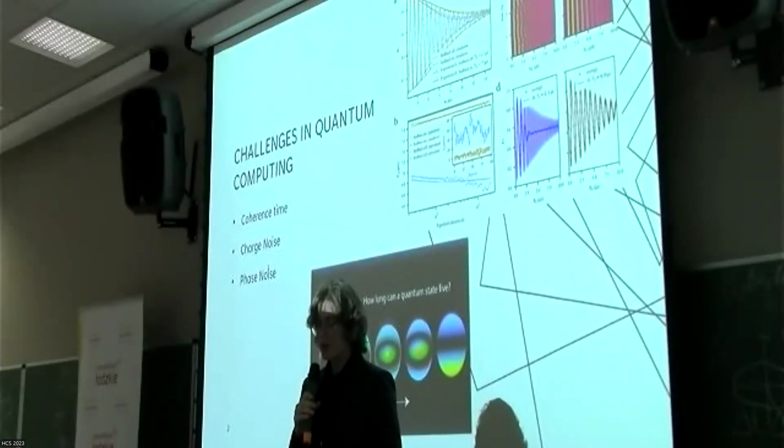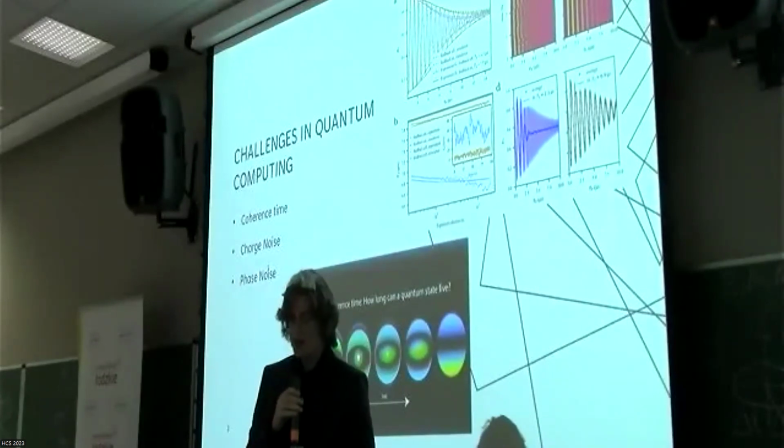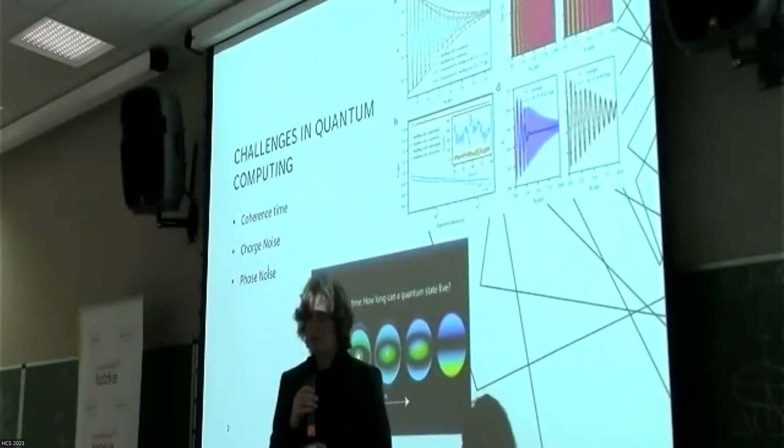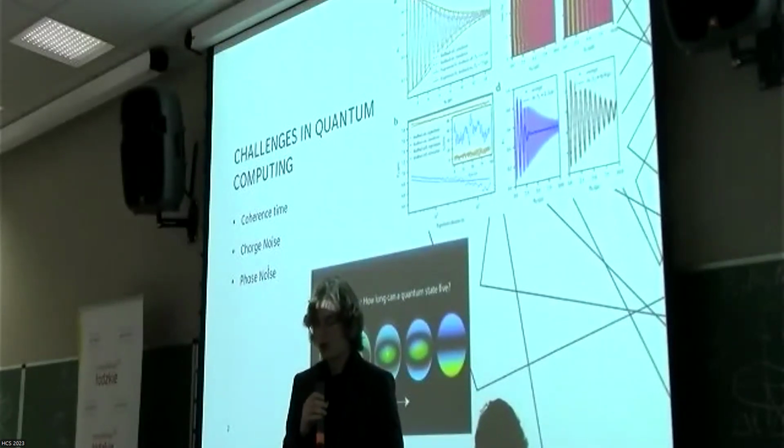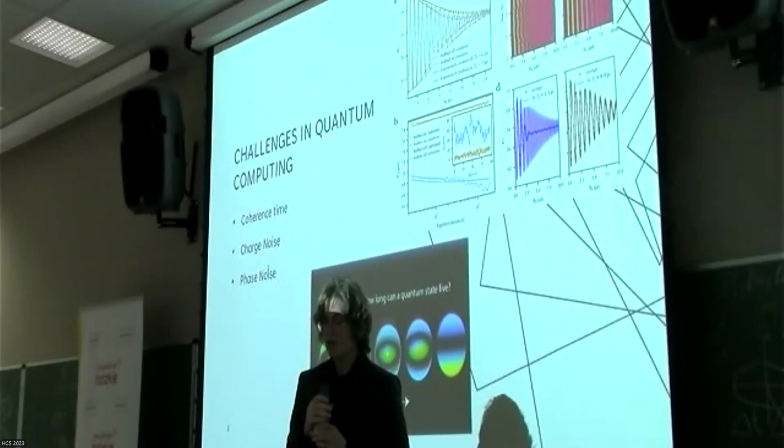In semiconductor systems, charge noise, the random fluctuations in the electric field, affects coherence, causing errors in quantum computations. And if we can solve the coherence problem while maintaining the scalability of the semiconductor devices, we will be able to integrate them into quantum computers that can outperform the classical components.